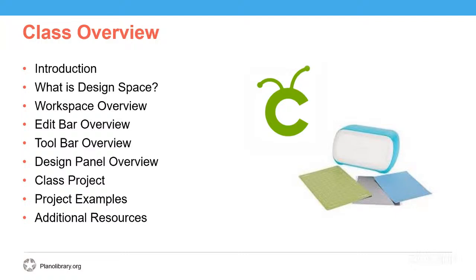Megan is going to go ahead and share that handout in the chat, and you're welcome to download it and then follow along with us either now or in the future. And then at the very end, we'll share some additional library resources you have access to in regards to learning more about the Cricut and what you can accomplish with it.